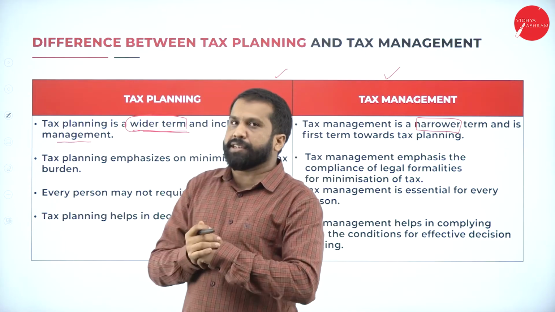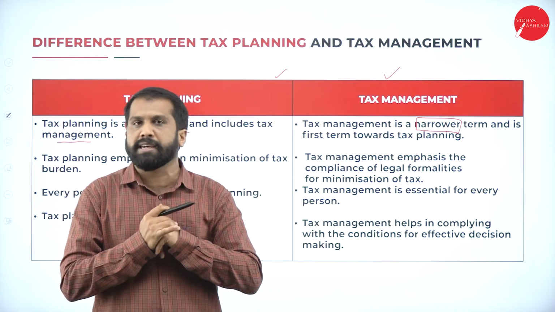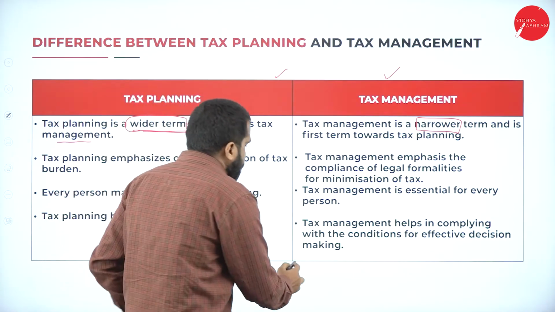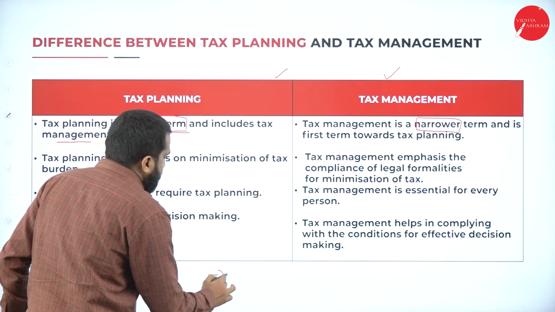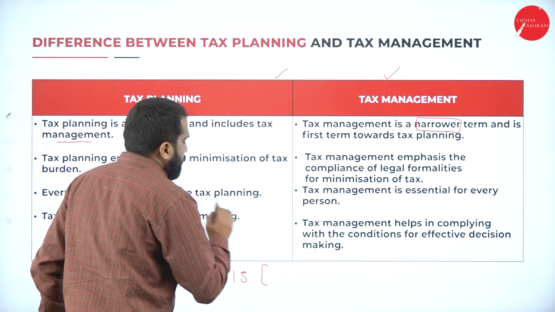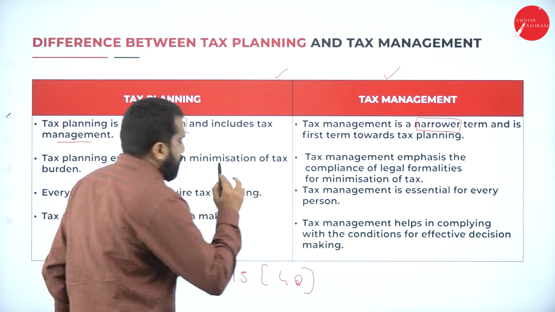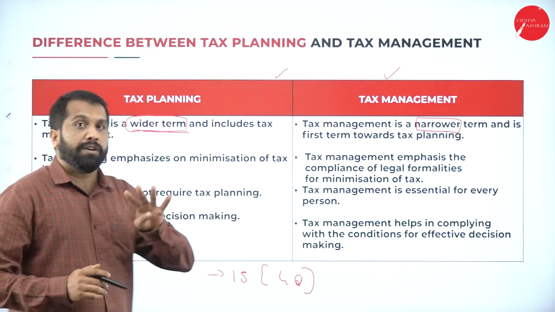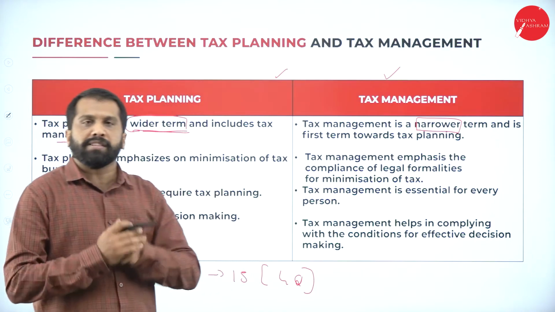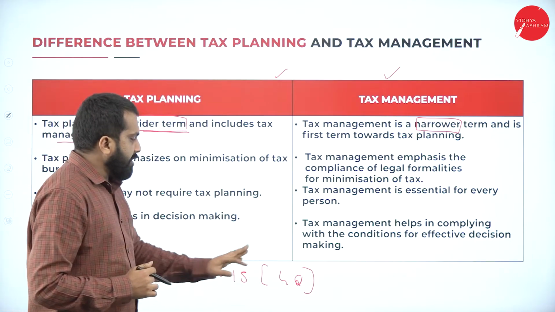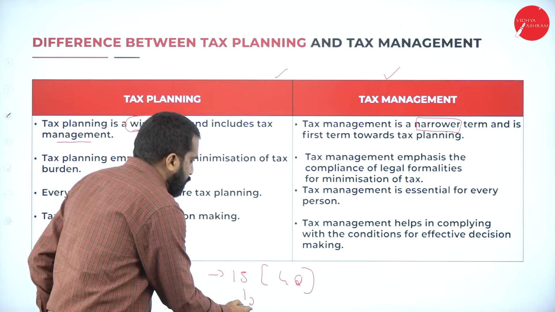In your examination, you have a question paper. There are 15 marks, and they will give you 4 questions. How many questions will they give you? 15 marks, 4 questions. Now, what is the option here? You are supposed to write only 2.